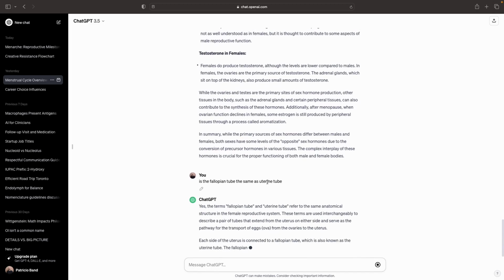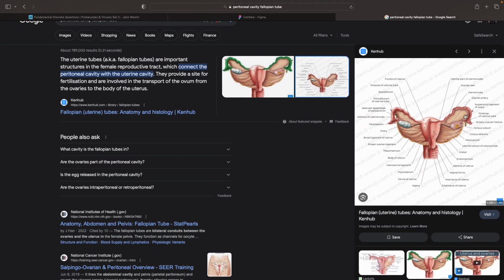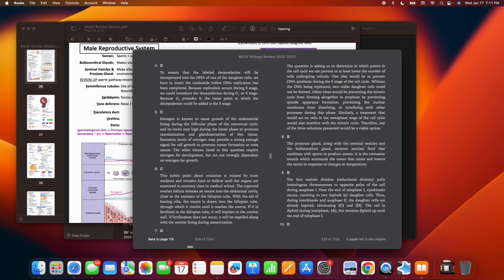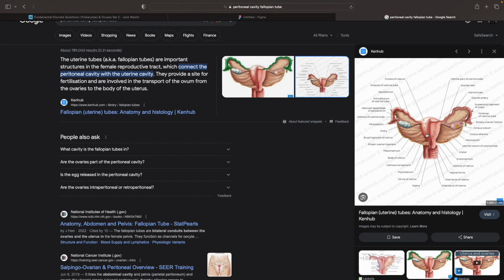Yes, so they're the same. The fallopian tube, the uterine tube is on this thing. And you can see that the beginning of it, the opening, is where we have the abdominal cavity, right?